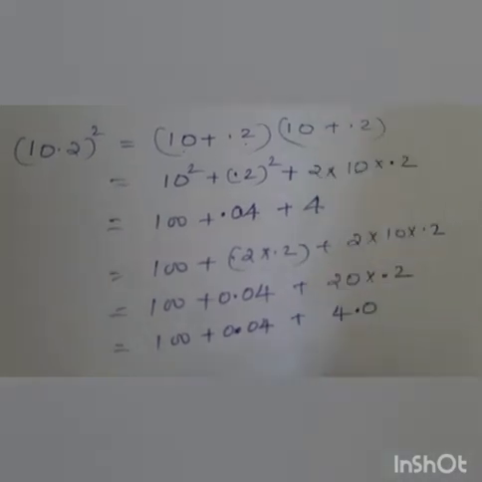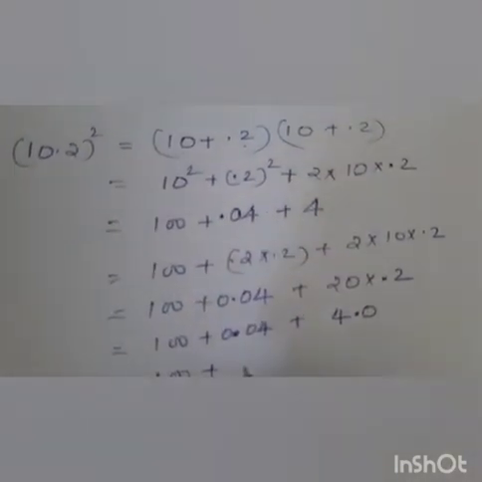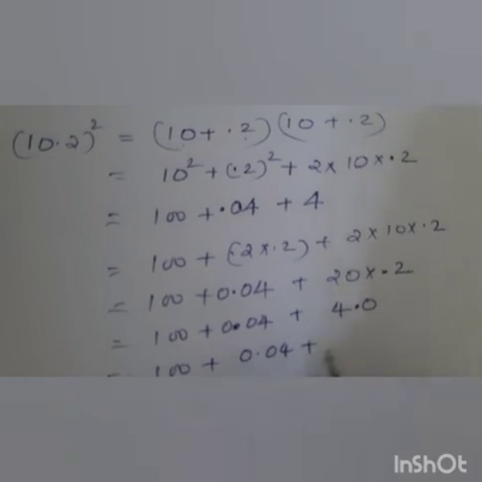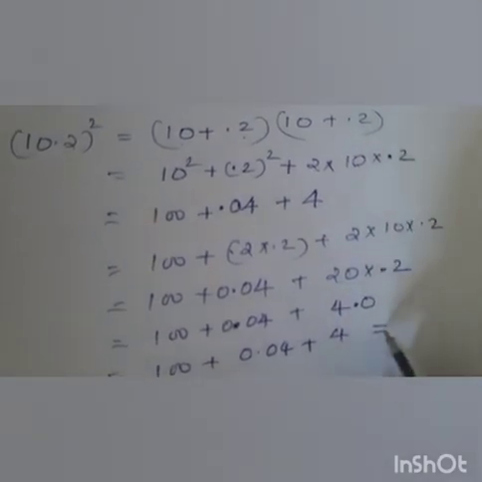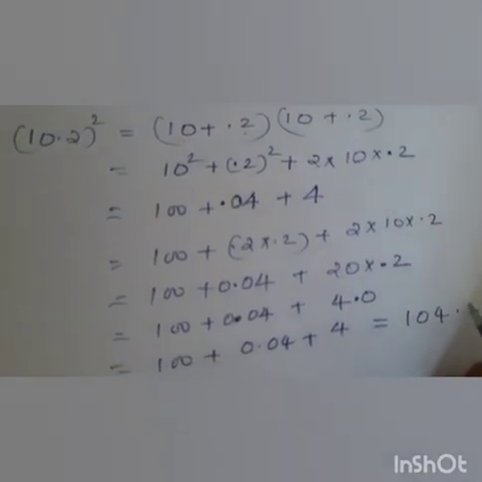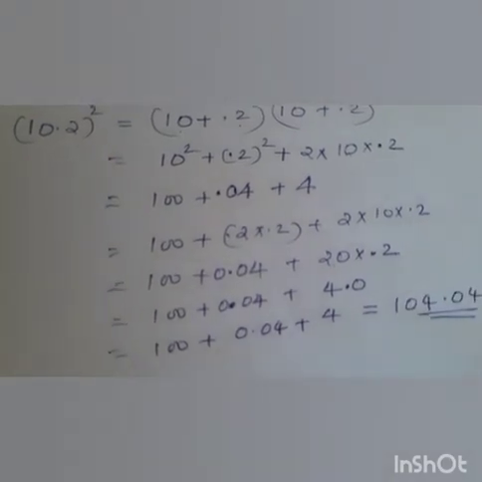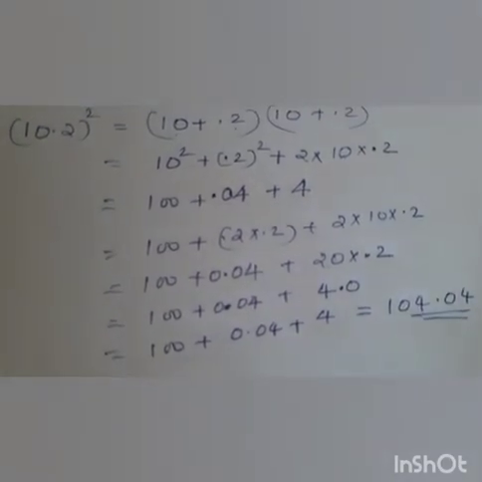Then one decimal, so it should be 100 plus 0.04 plus 4. The answer we are getting is 104.04. So this is the answer.